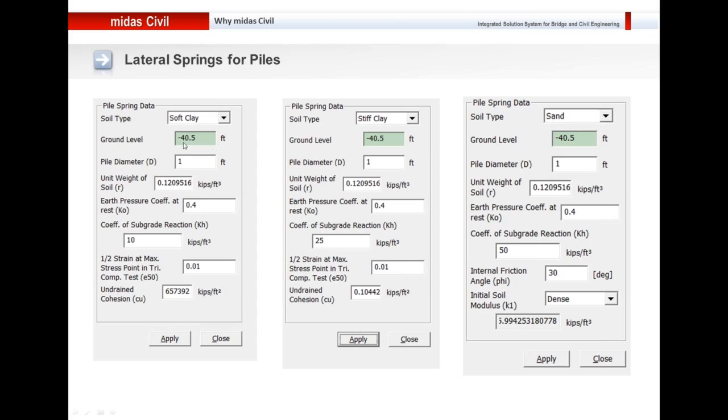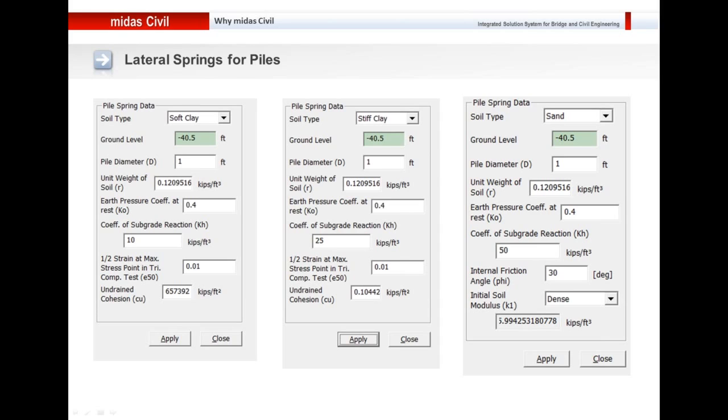All the other parameters like pile diameter and the ground level will be the same, and they will differ in coefficient of subgrade reaction and the internal friction angle. So I'm going to use Midas Civil to define these three parameters on the piles, and we will see how the deformation changes.